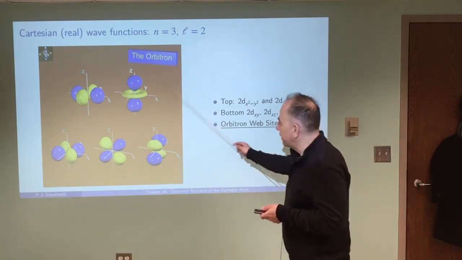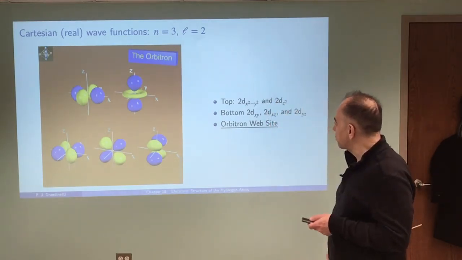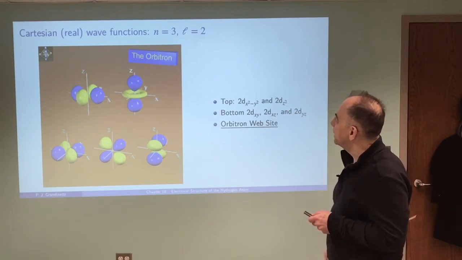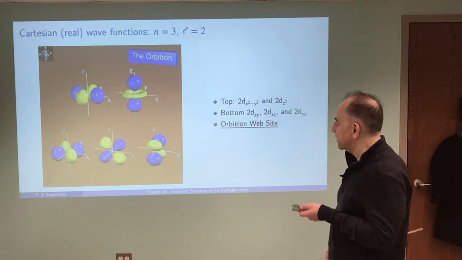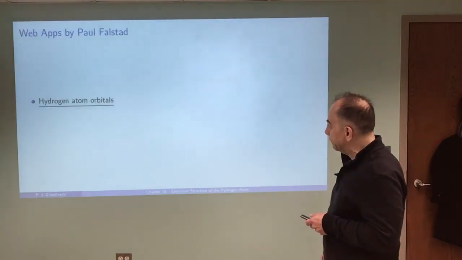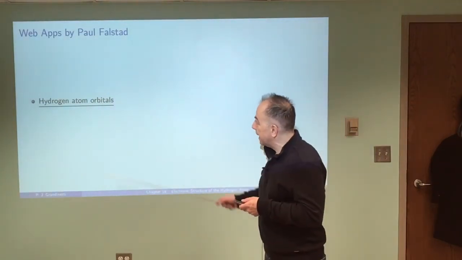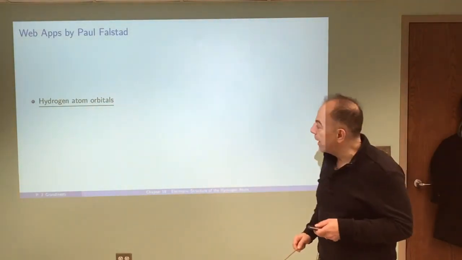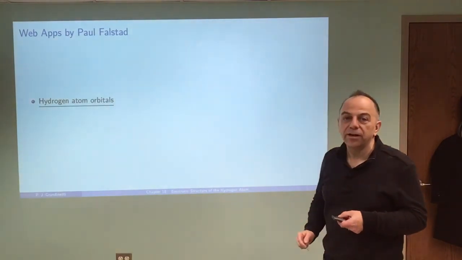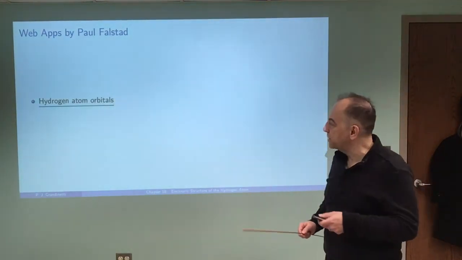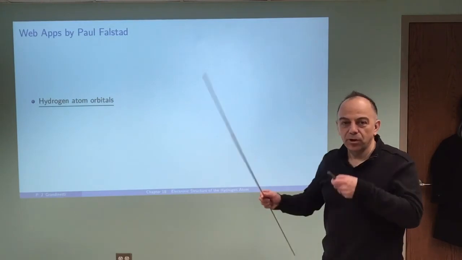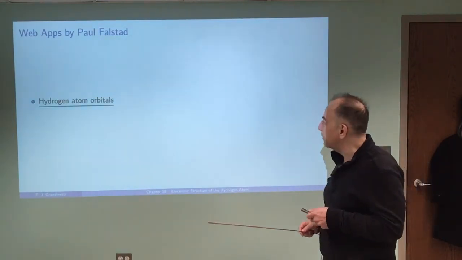You can see some really nice 3D illustrations of these different types of d orbitals, which I'm sure you're familiar with. And I'll leave this last one for you to play with. This is a link here that takes you to a really cool web app by Paul Falstad, where you can interactively work with these 3D orbitals and rotate them around and see how they look.